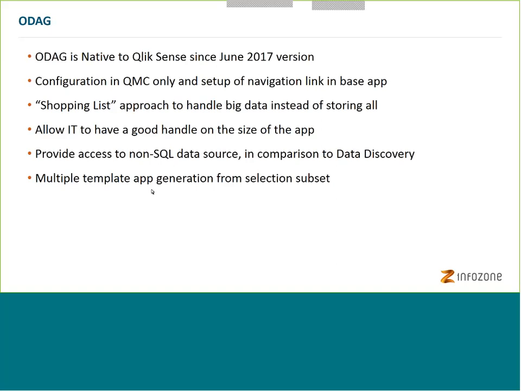This gives IT a great handle to see how big the applications can get, because while setting up the navigation link, you are able to specify the number of rows that you want to select prior to generating the detailed application. ODAG also provides access to non-SQL data sources, in comparison to pure SQL in data discovery.